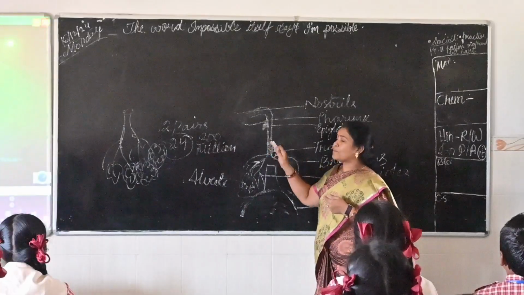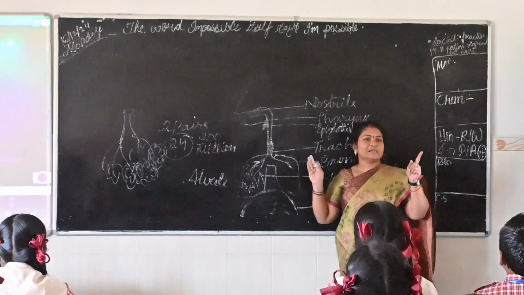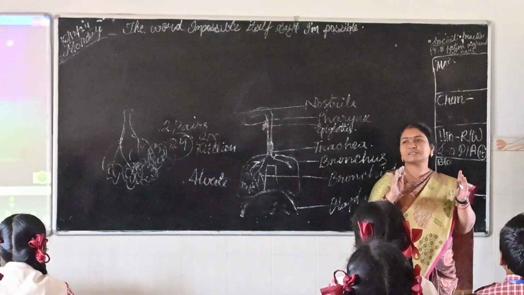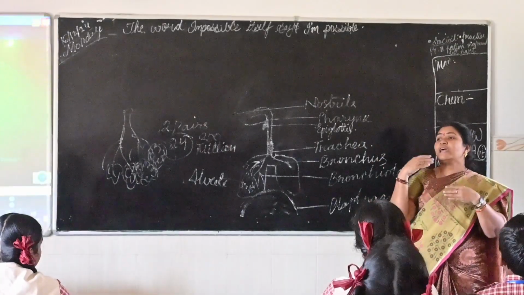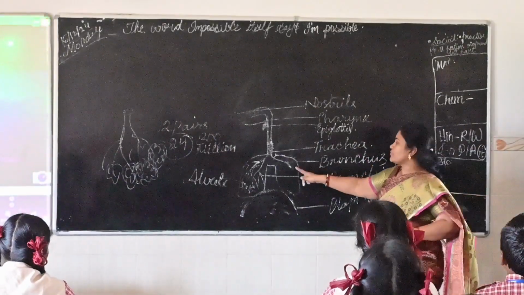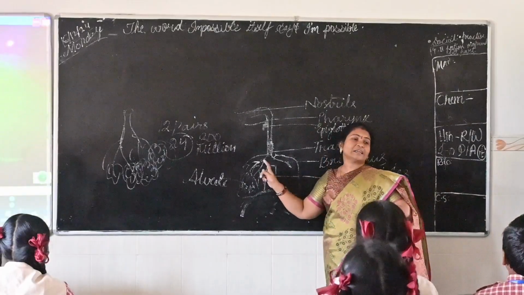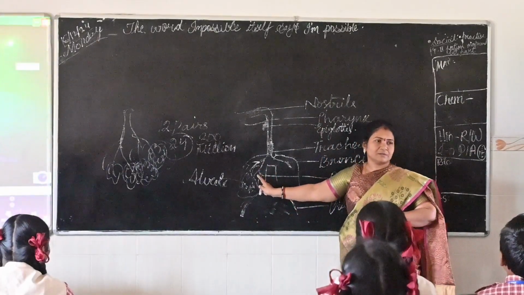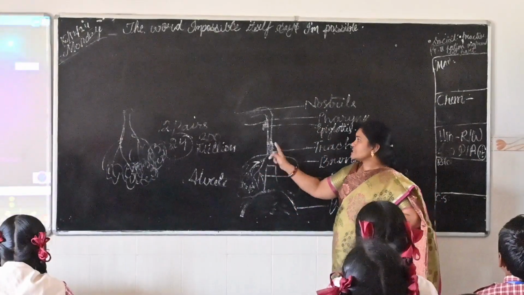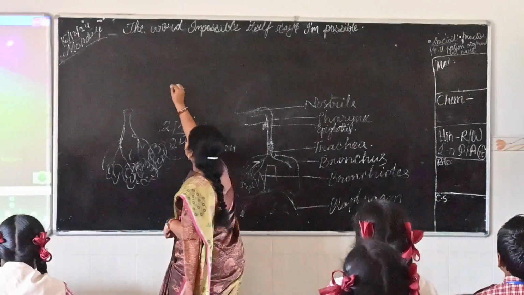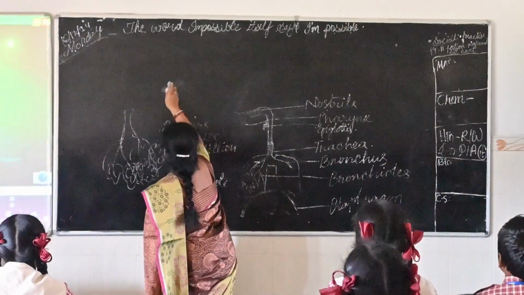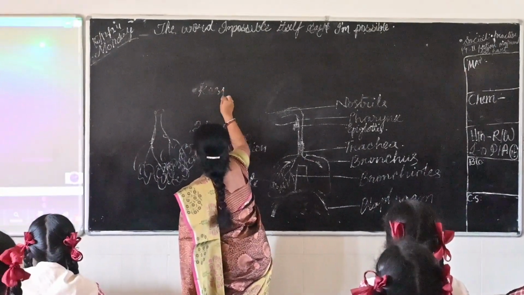So this is not breathing. We already learned that breathing is the process of inhaling and exhaling. But here, when we are inhaling the air, we are getting energy as well as oxygen. Right? So what is this termed as? It is termed as respiration.